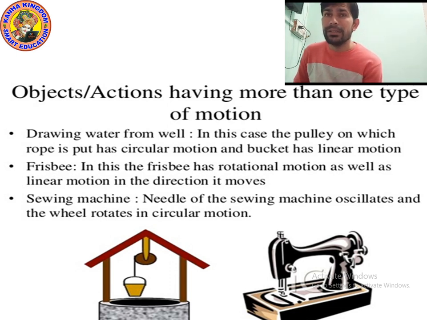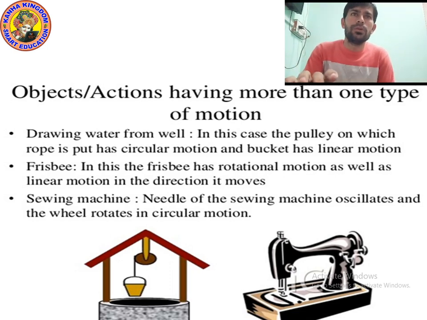The bucket with the help of the rope will go straight, so it is showing rectilinear motion also. So the bucket is showing rectilinear motion with the help of the pulley and rope, and the pulley itself is showing circular motion, which you can also call rotatory motion.